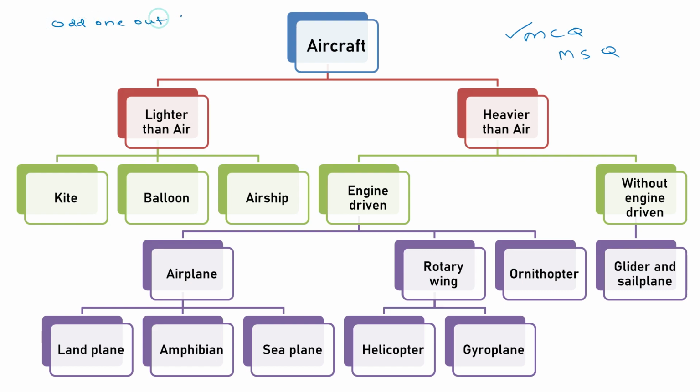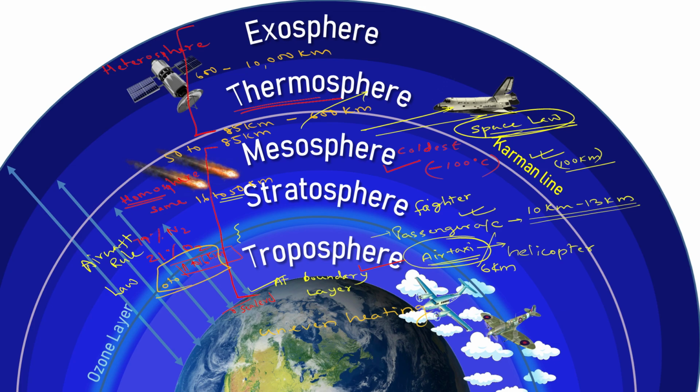One doubt, ma'am. Whenever we go closest to heat, we will experience more heat, no? Closest to a hotter body, we will experience more temperature. But when we go to the stratosphere, after the troposphere, why does the temperature reduce? Because the properties are changing.